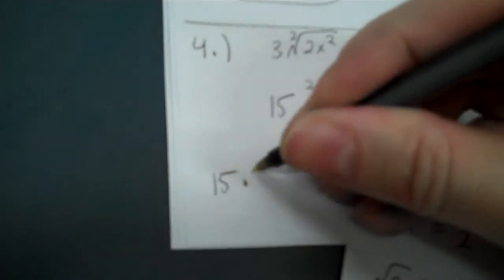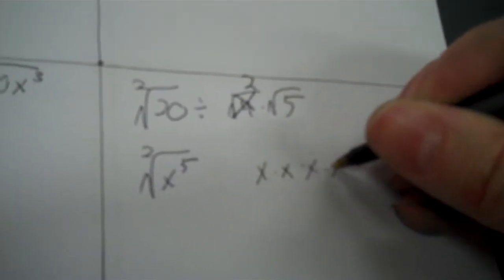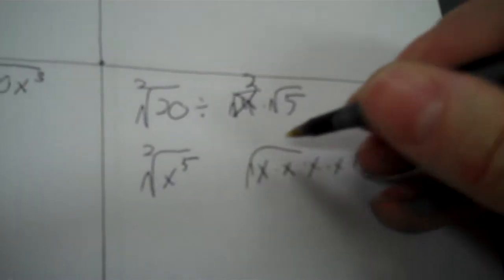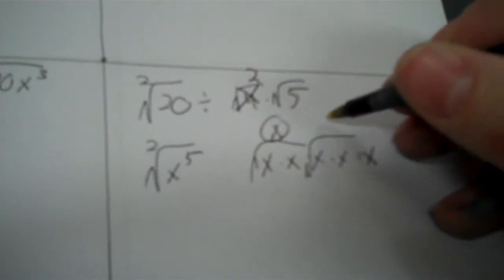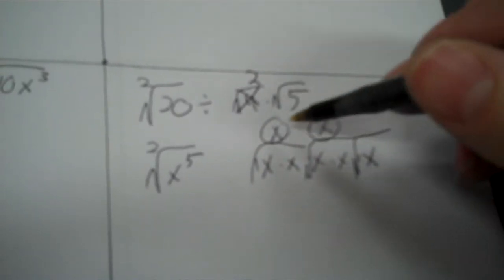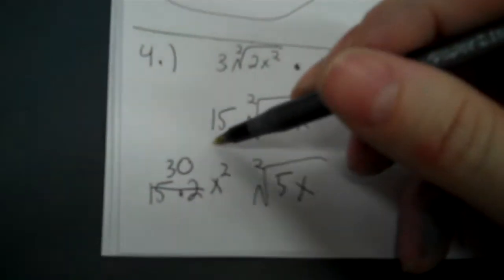So I put a times 2 outside and a 5 inside. And 15 times 2 is 30. Now as far as x's go, we have x times x times x times x times x. So 2 at a time. So that's 2 full x's, x to the second, 30x to the second. Then we have an x inside, so 5x.